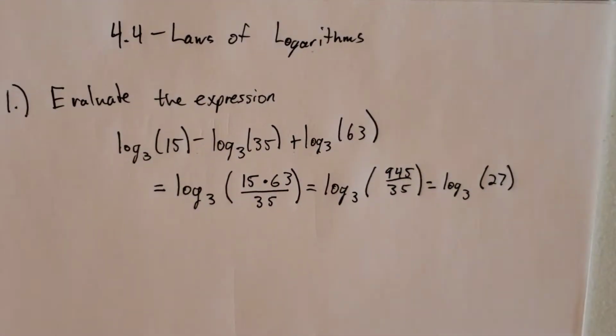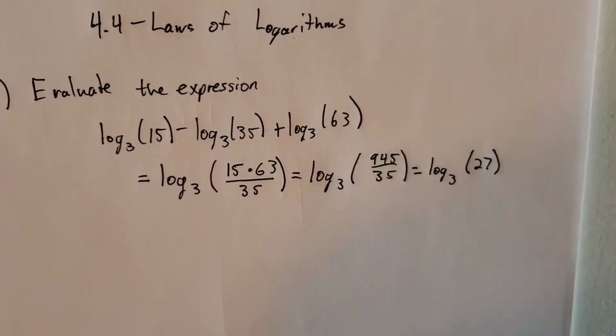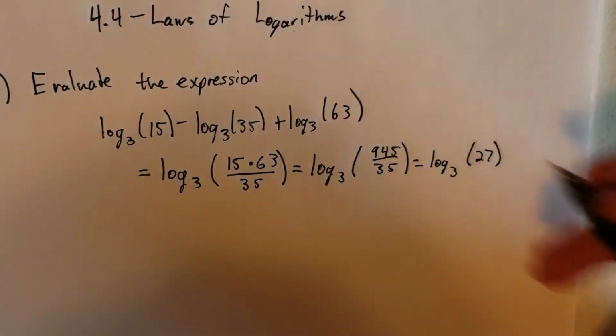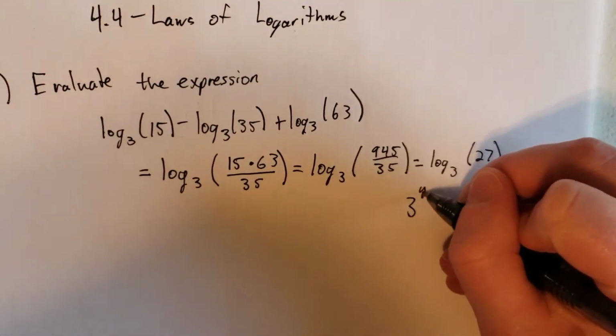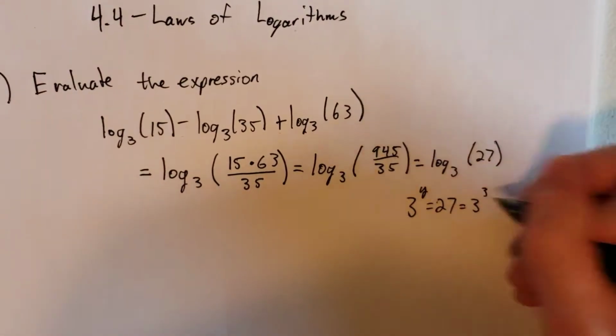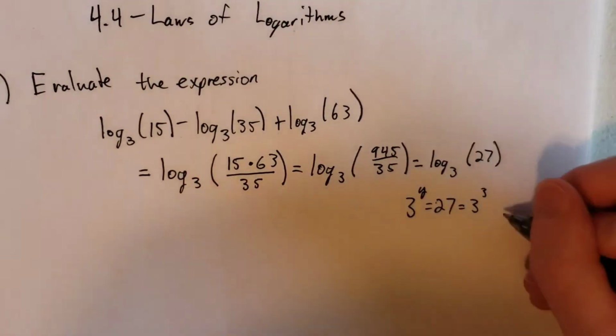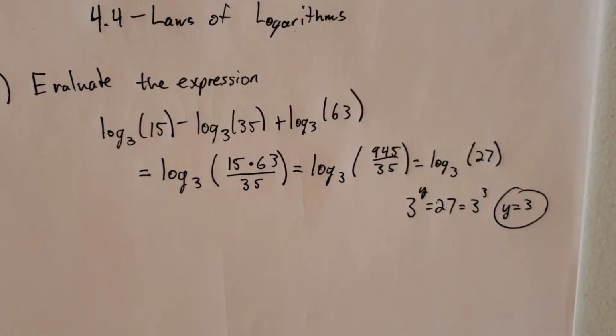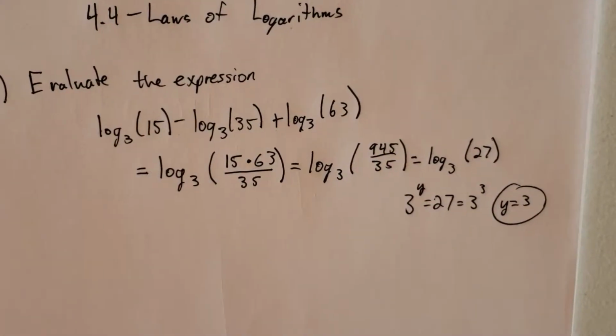Well, now this goes back to the problems that we did in the last section. So log base 3 of 27, how do we evaluate that? Well, we want to rewrite this as 3 raised to the y is equal to 27. 27 is 3 raised to the third power, so y is 3. So our final solution is 3 for this expression.